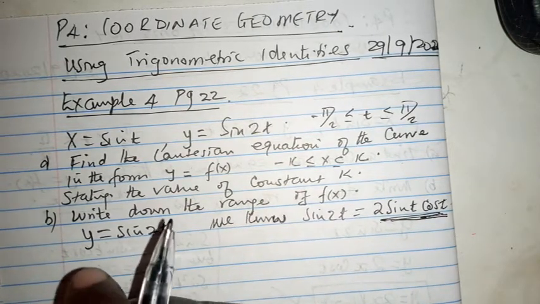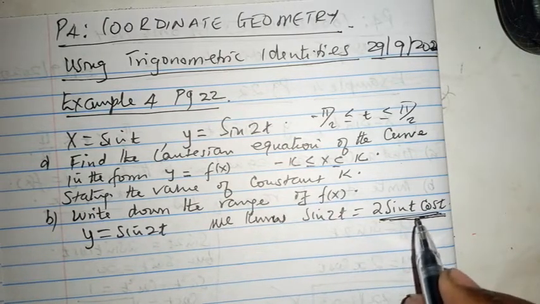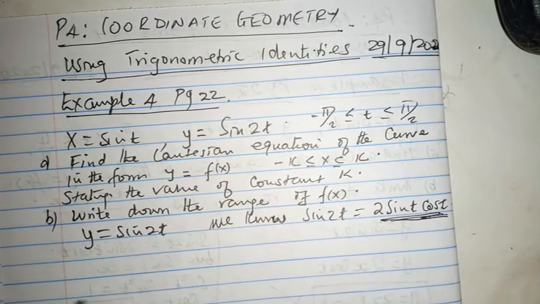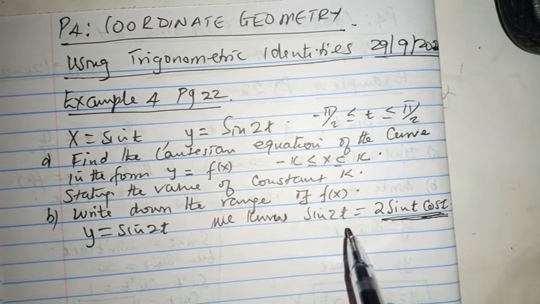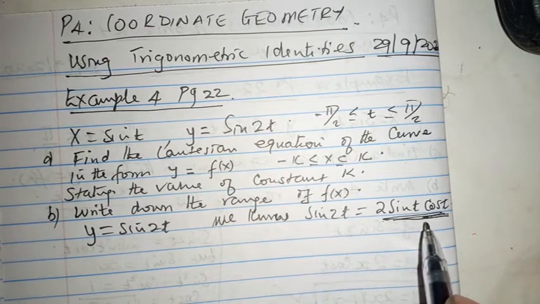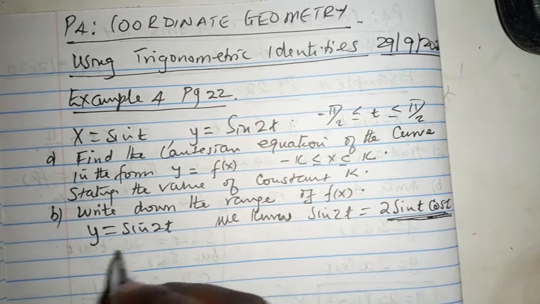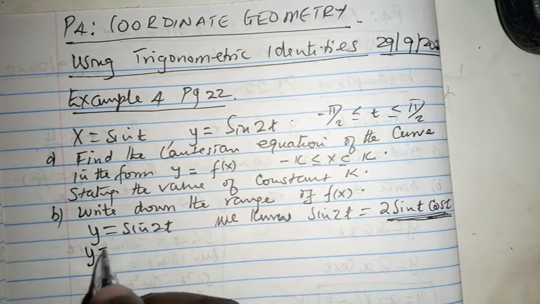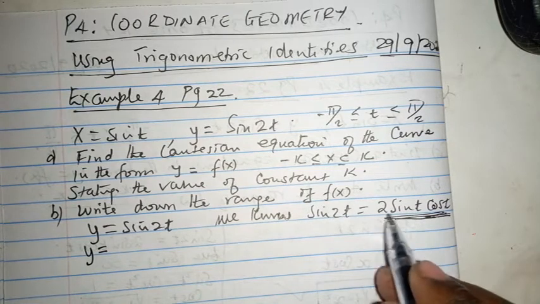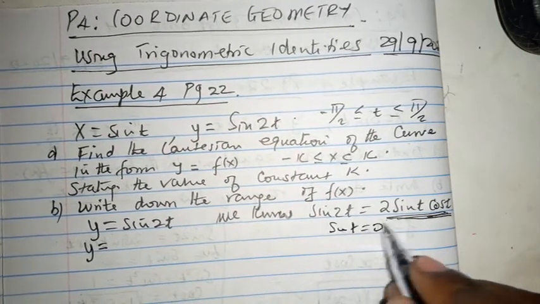Having said that, it is important to note that as much as we can express sine 2t in terms of 2 sine t cos t, y can be expressed in terms of 2 sine t, but sine t equals x.